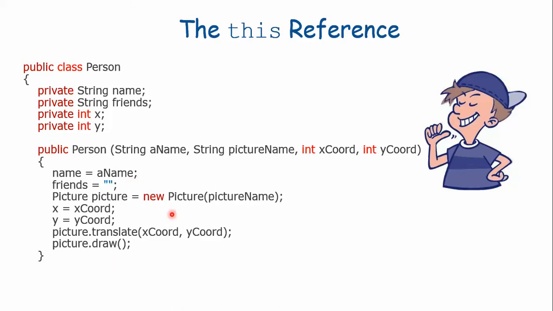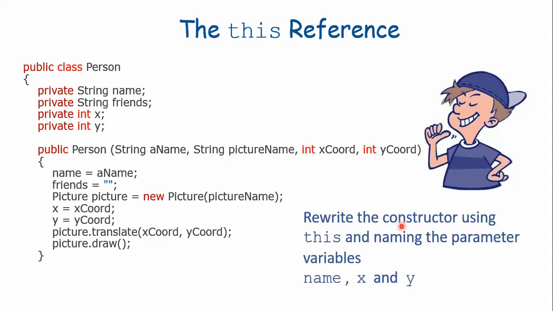Try to modify this code in such a way that this particular constructor uses the this reference variable to differentiate, and rewrite the constructor using this and name the parameter variables as name, x and y. Replace a name with name, x coordinate with x, y coordinate with y, and try to modify the code on your own.